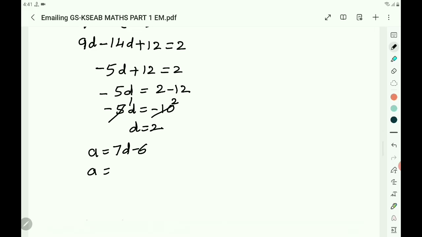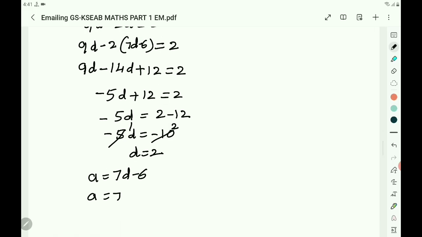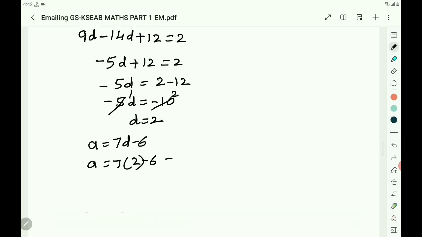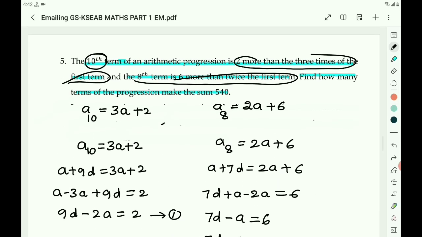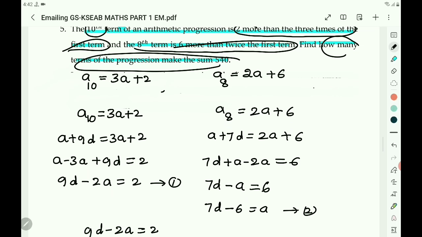Then a equals 7 into d is 2, minus 6, equals 7 twos are 14 minus 6 equals 8. You got a equals 8 and d equals 2. Next, what we have to find out? We have to find how many terms of the progression make the sum 540.